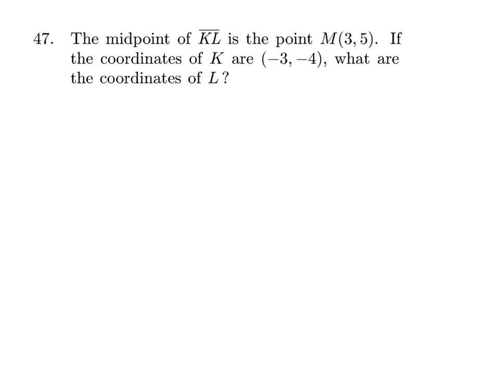All right, the midpoint of KL is the point 3, 5. They give you the coordinates for one of the points. What are the coordinates of L? Here's the midpoint formula.